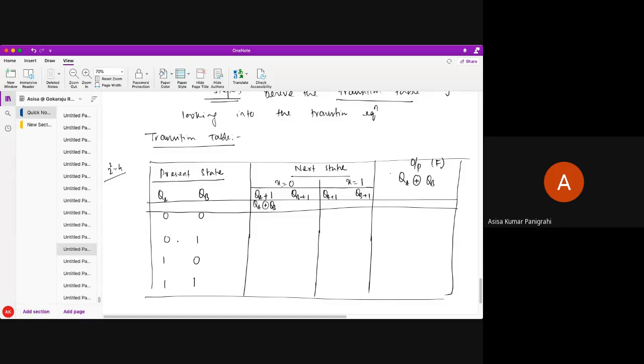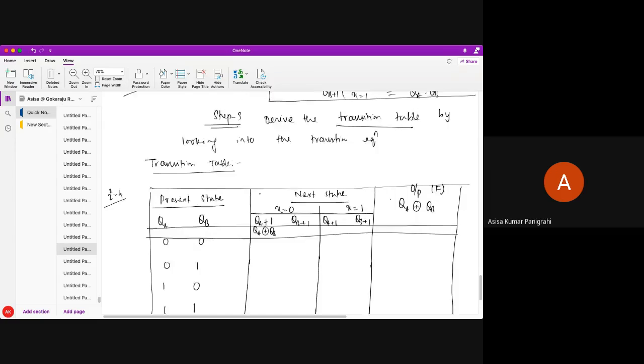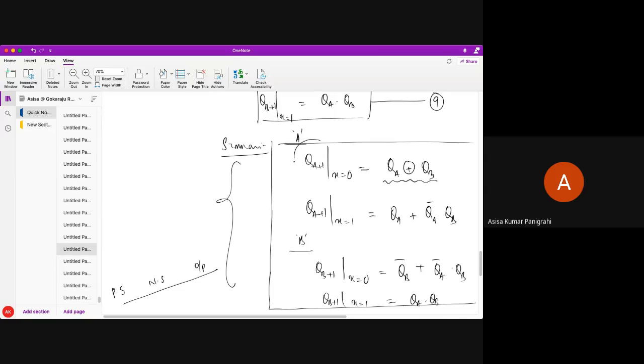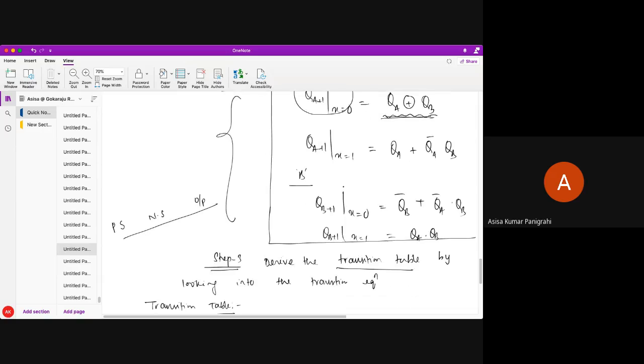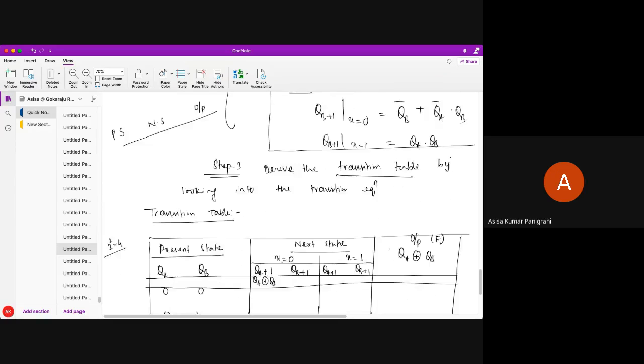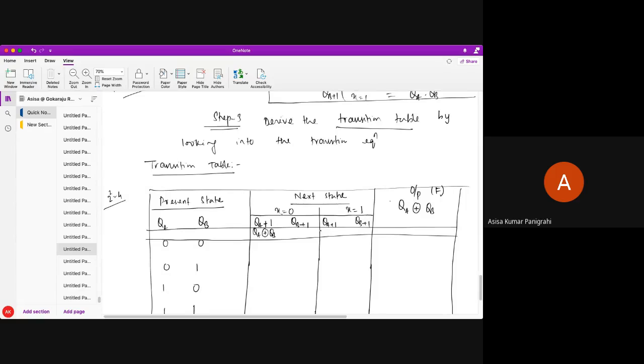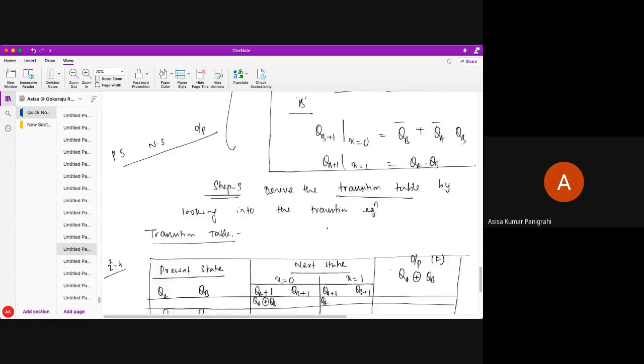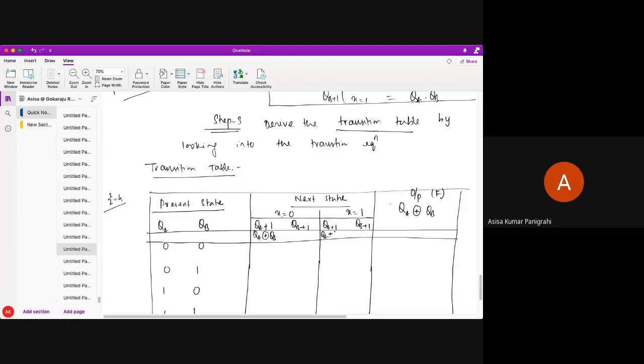Why have I taken QA XOR QB? Because I know that my QA plus 1 at x equal to 0 has this functionality. Now QA plus 1 at x equal to 1 is what? QA or QA bar QB.